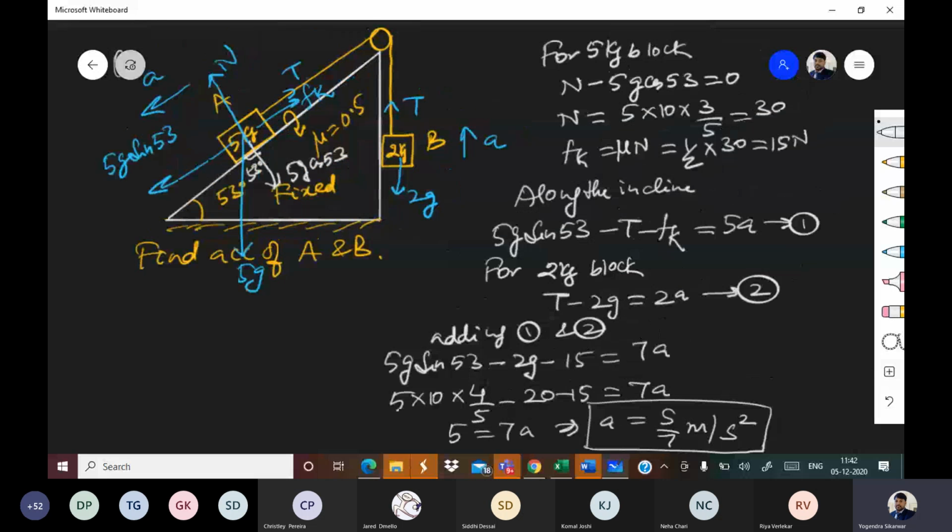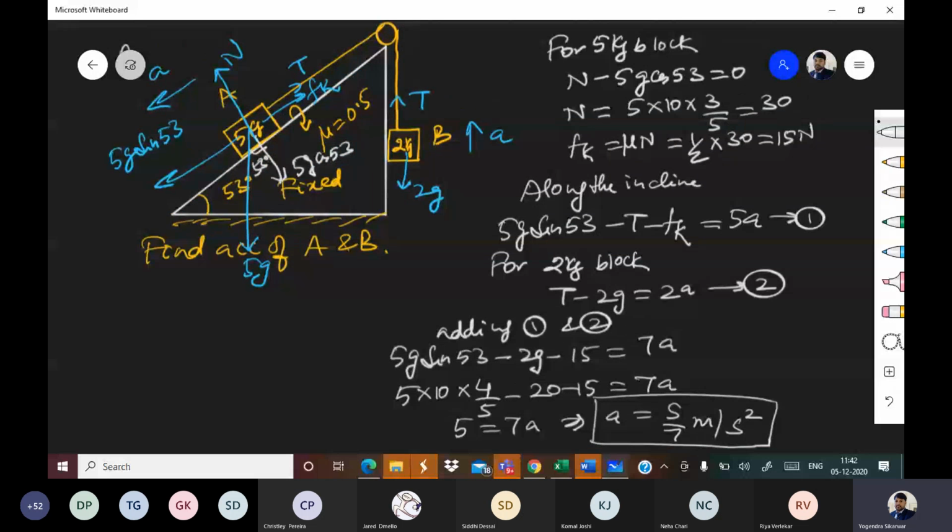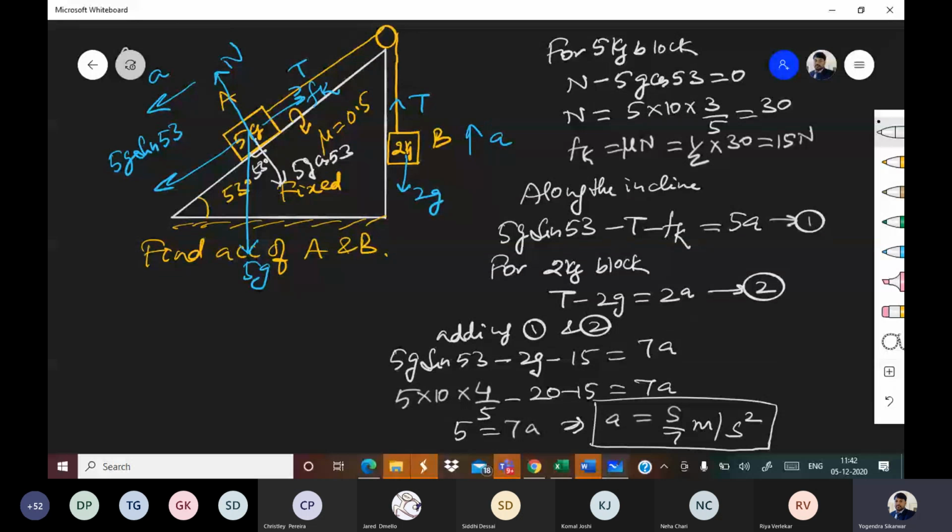What we did basically, we resolved 5G into two components. One is along the incline, which is downward. One is perpendicular to incline. So along the incline component is 5G sine 53. Perpendicular to incline component is 5G cos 53. Now when we are talking along the incline, listen carefully. 5G sine 53 is causing the motion, which is downward, minus tension, because tension is not allowing it to move so easily, because it is acting opposite to 5G sine 53.